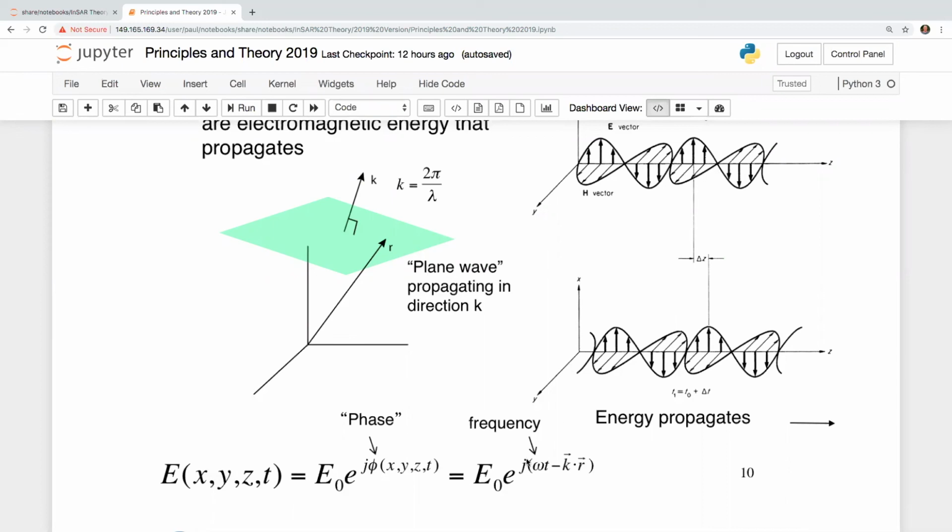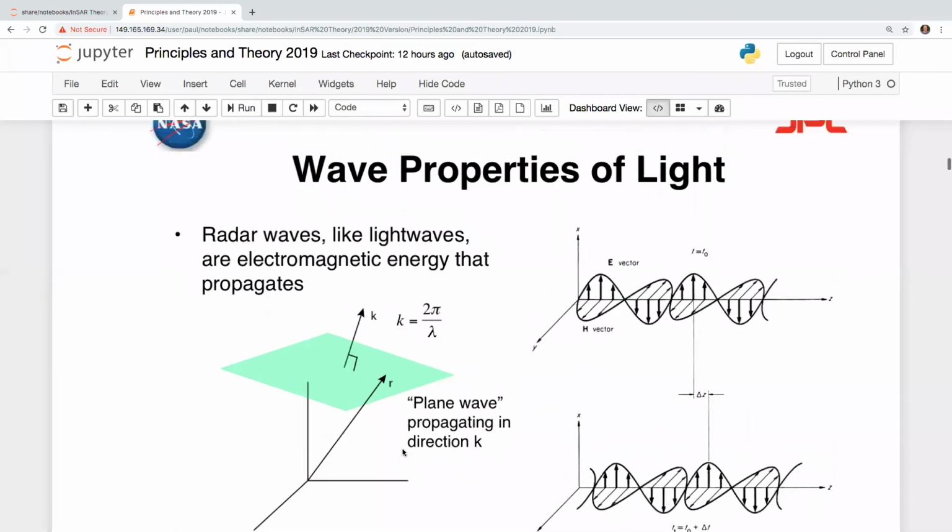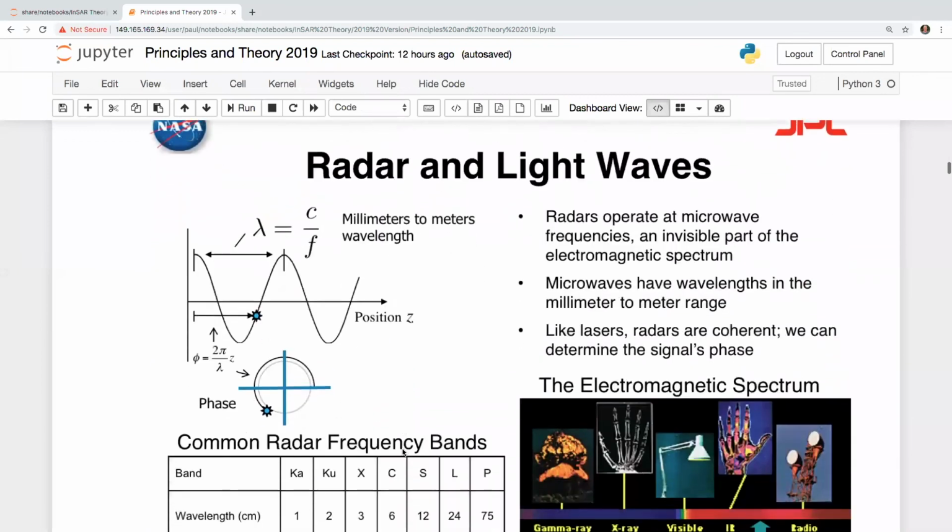In a complex sense, e to the j, that means it's cosine of this term, plus j, the complex number, times sine of that term. So the electromagnetic field vector is oscillatory in space, and it's oscillatory in time. So it's this phase that we're going to be exploiting throughout everything that we do in this description.